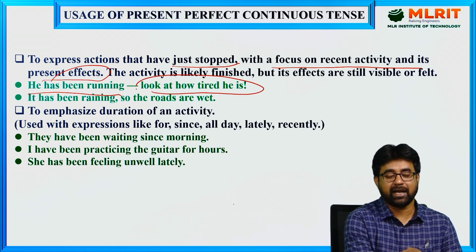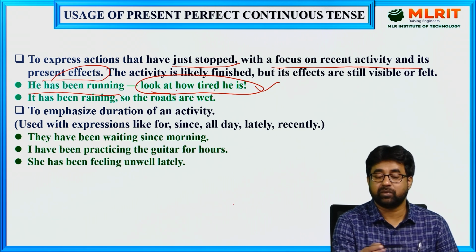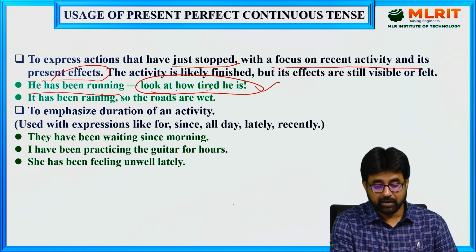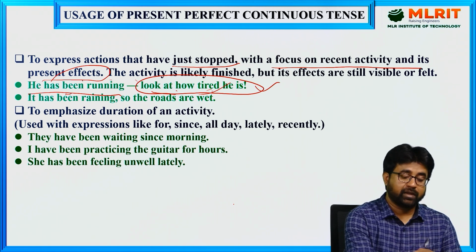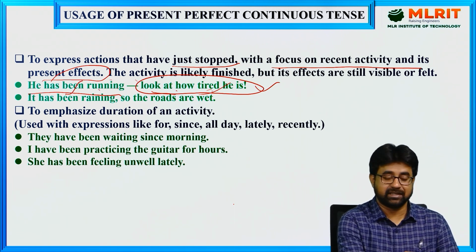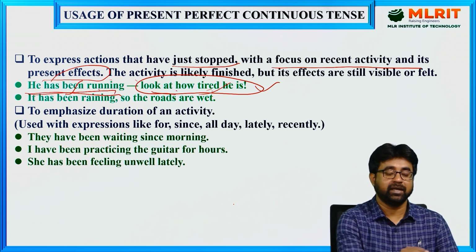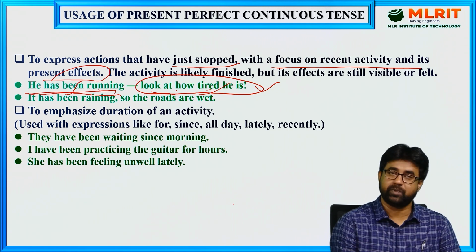Look at how tired he is. So I am actually trying to emphasize the fact that he is looking very tired. What is the reason for this? An action that just stopped. So which tense am I using? He has been running. I'm using present perfect continuous tense. Fine. I hope it's clear.